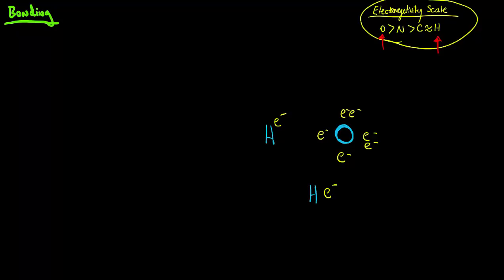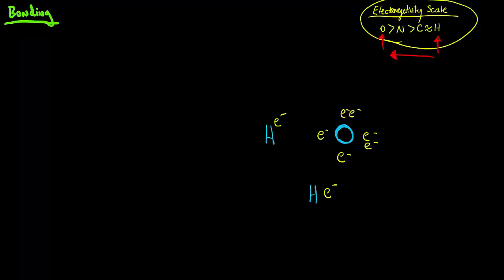So that tells us that the electrons in this bond are going to spend more time with oxygen, telling us that this is going to be a polarized covalent bond, or in other words, a polar covalent bond, because the electrons are going to spend more time on one end of this bond, giving that edge kind of a charge.